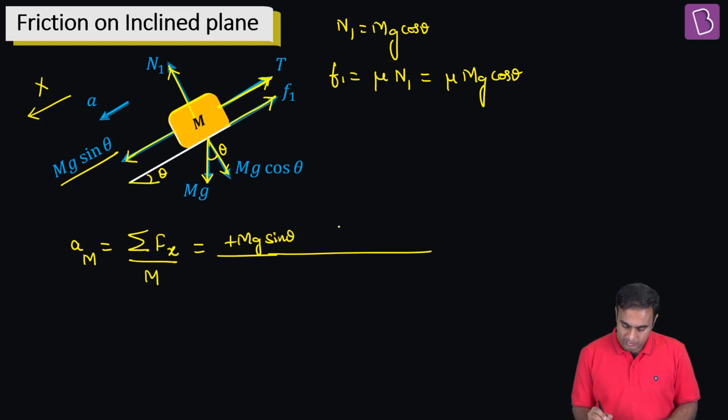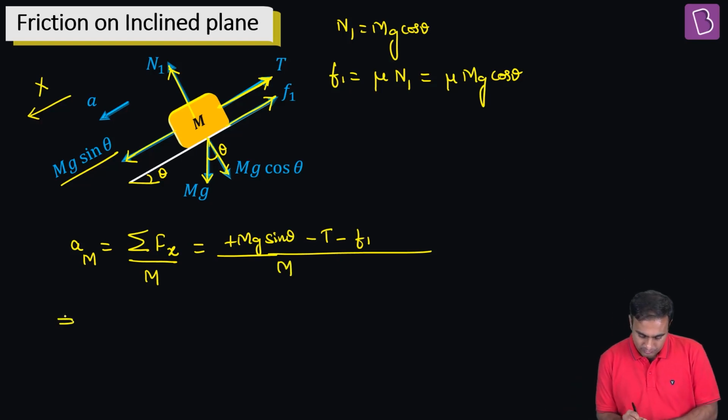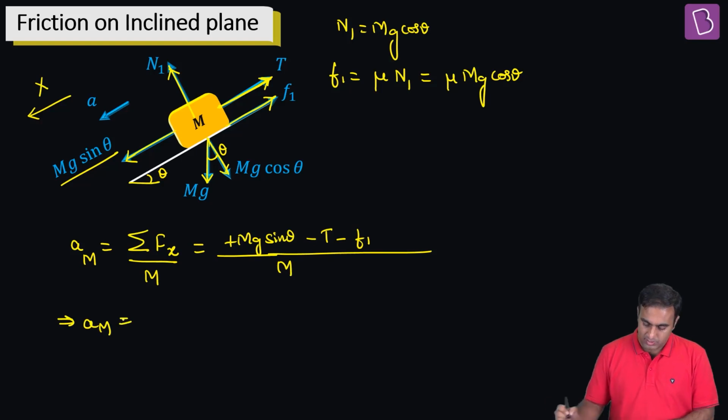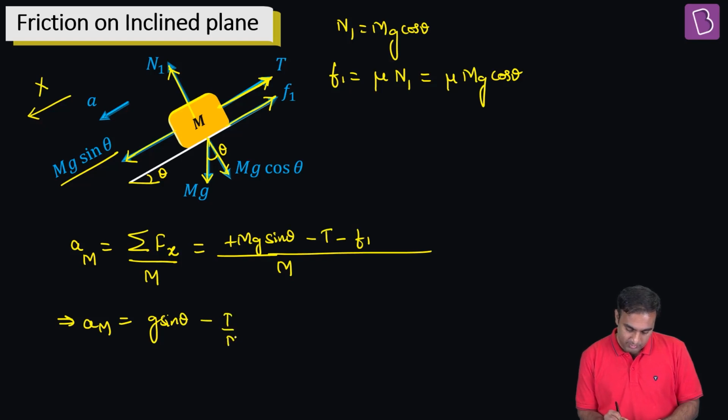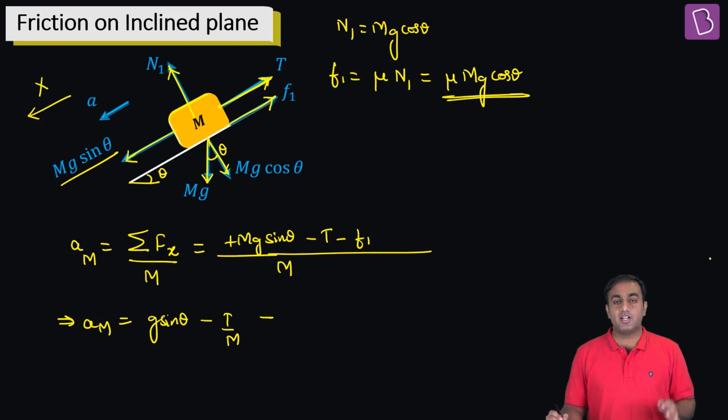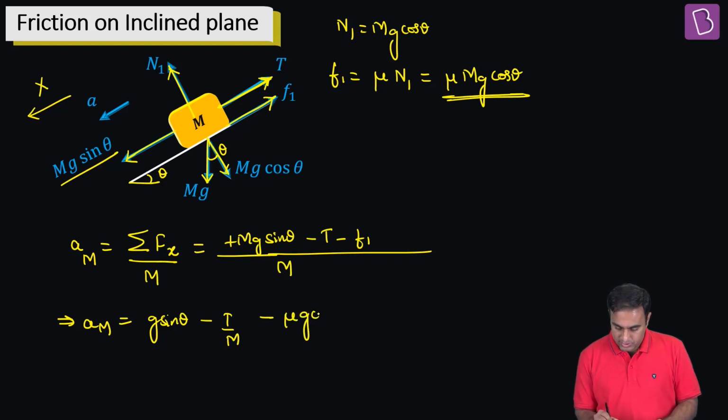Up the inclined plane will be minus T minus F1, that divided by capital M. Now simplify. Mg sin theta by M will give you g sin theta, minus T by capital M, minus F1 is mu times Mg cos theta, that divided by M will give you minus mu g cos theta. Call this equation number 1 and keep it aside.